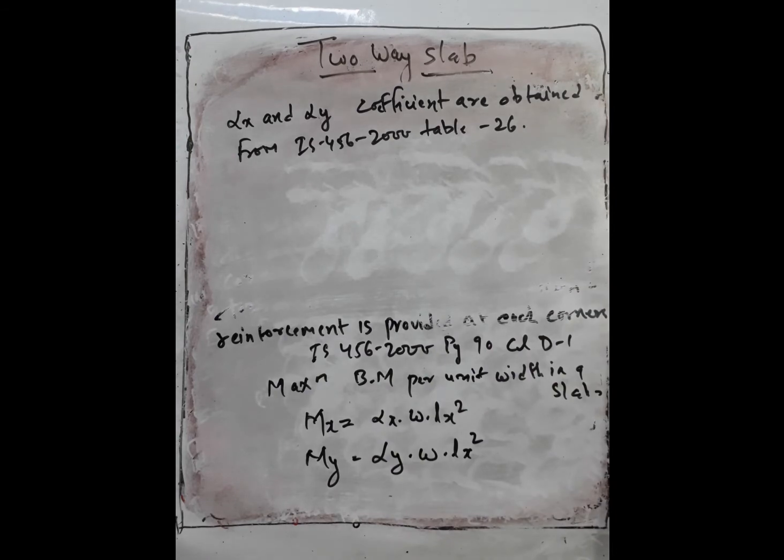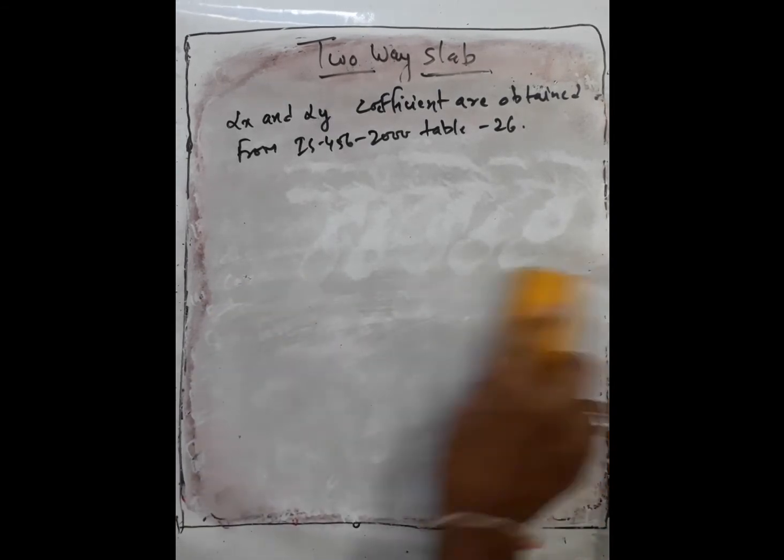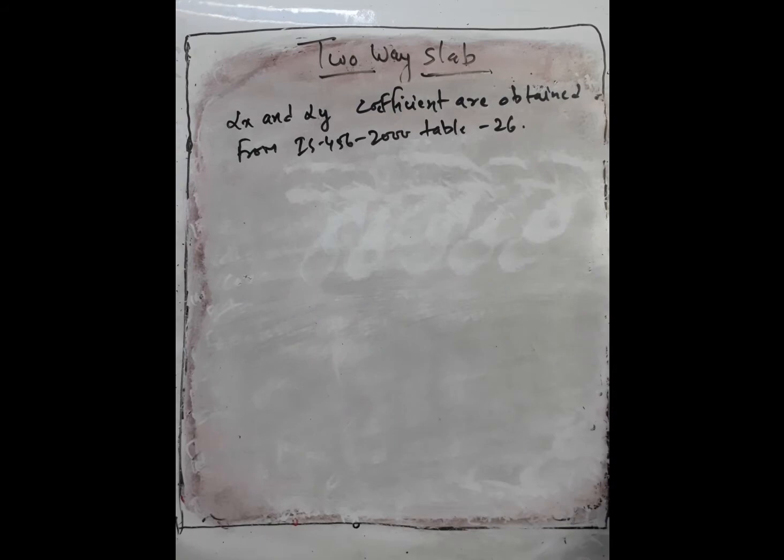In the simply supported case we saw Table number 27, but in a restrained slab we have to see Table number 26 of IS 456:2000. Now we have positive moment and negative bending moment.